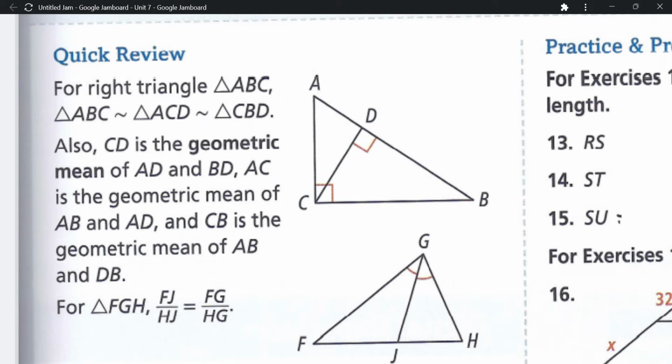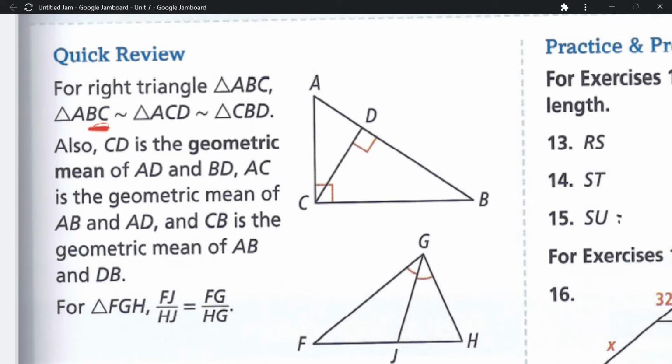Please notice the sequence, right? AB is the hypotenuse of the big one. AC is the hypotenuse of the small one, and CB is the hypotenuse of the medium one.